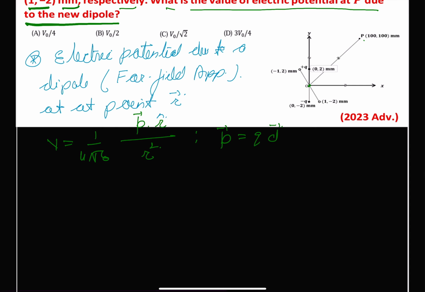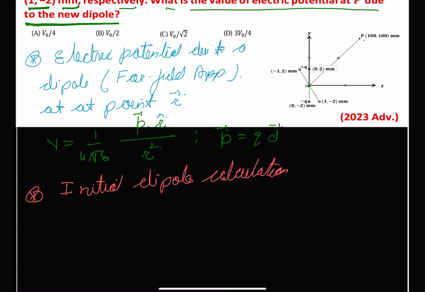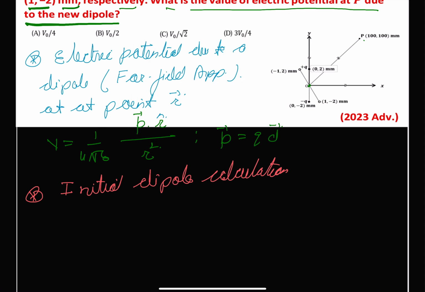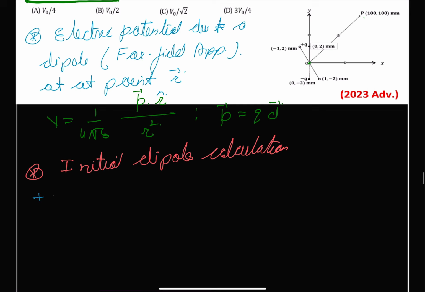So initially, the initial dipole calculation: we are given that plus q is placed at (0, 2) and minus q is placed at (0, minus 2).